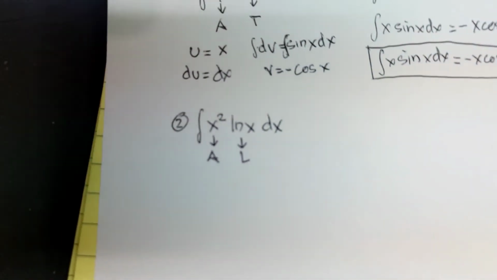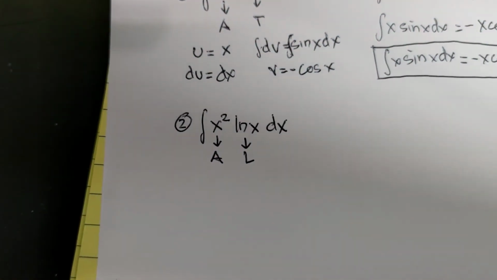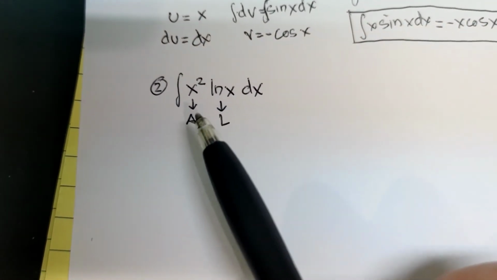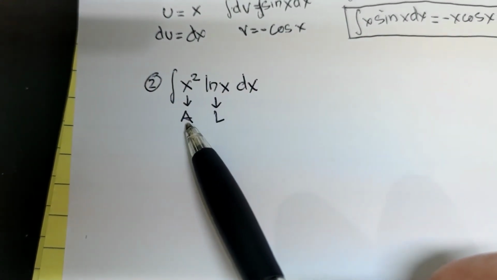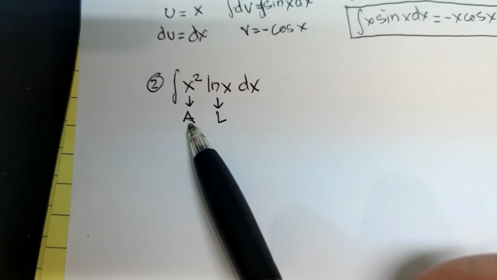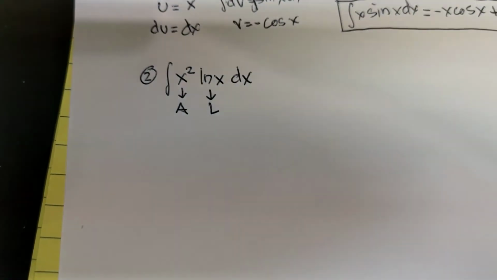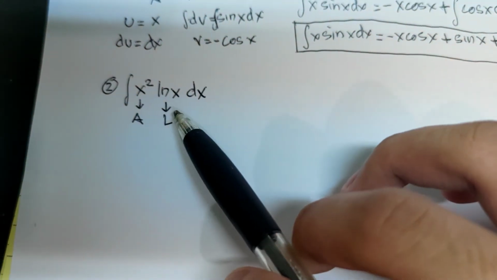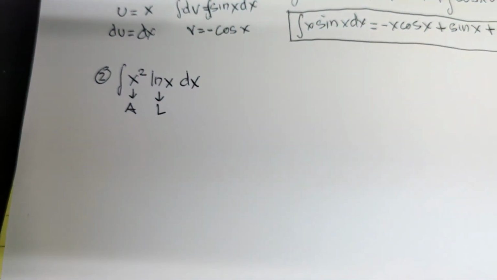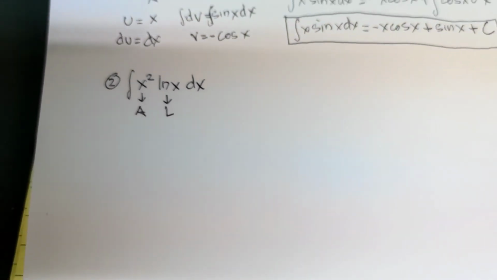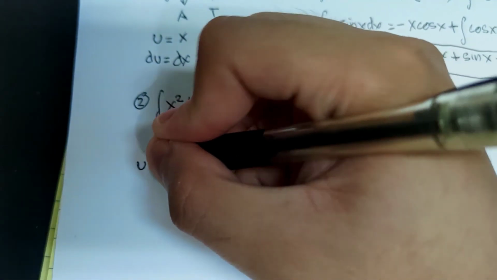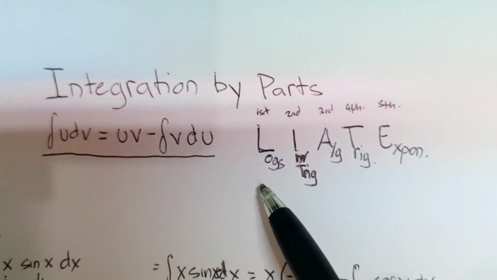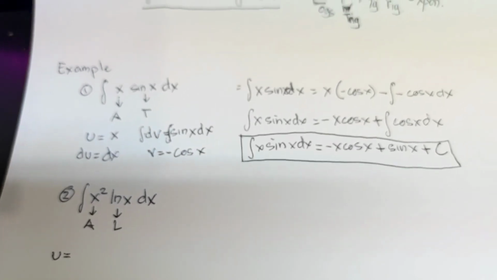Next we have our next problem here, which is the integral of x squared ln x dx. We have two functions here: x squared, which is algebraic, and ln x, which is logarithmic. So next we'll find our u. How do we find u? It's the same, we're still using LIATE.